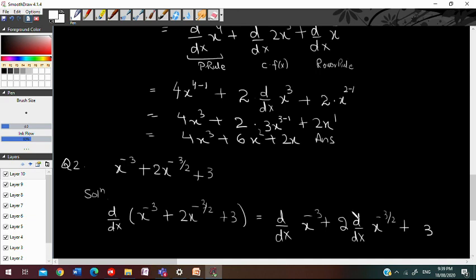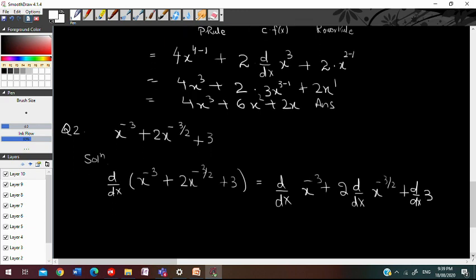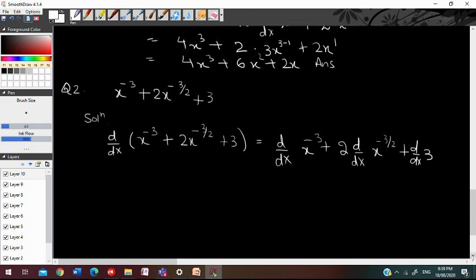Sorry, you will write d by dx with 3 because it gives you a zero answer. The constant 3 has no other function with it, which means it will become 0. Now you apply the power rule: bring this minus 3 by 2 before the function and then subtract 1 from the original power, minus 1 plus 0.